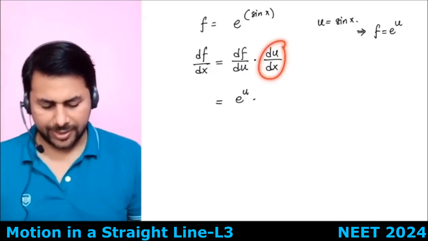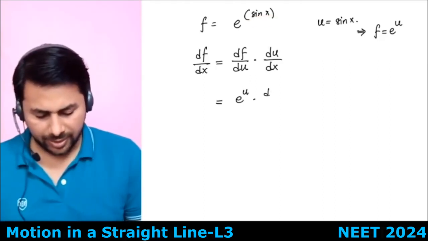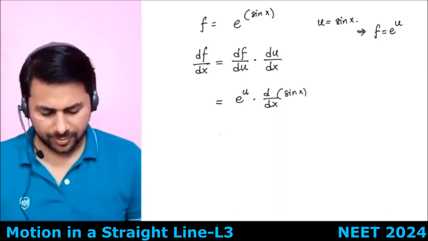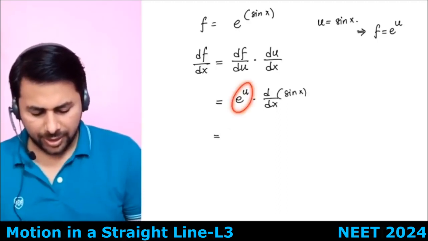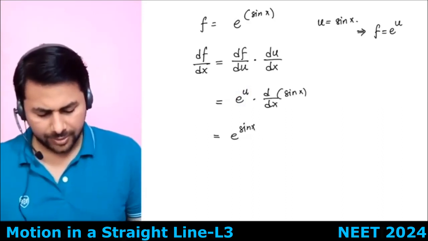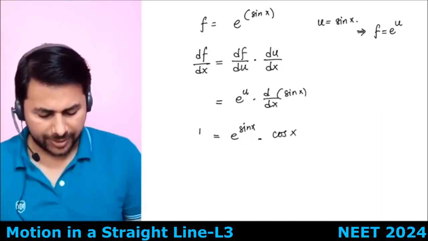Then you have du by dx. So u is sine x, right? So d by dx of sine x, and that is equal to e raised to sine x, times the derivative of sine x, which is cos of x.